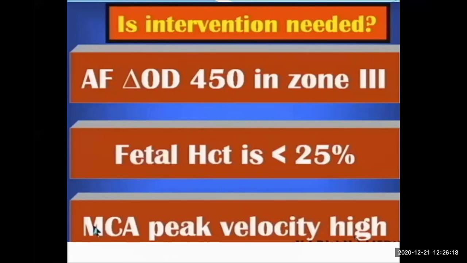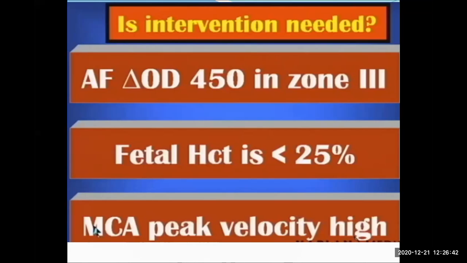What is the answer? Yes, sir, intervention, because velocity is also high and hematocrit level is less than 25%. Exactly. It's a case of anemia. Just now we talked about that. I just want to check whether you are paying attention or not.